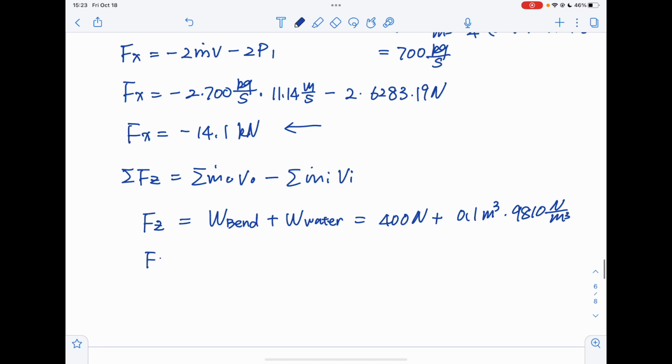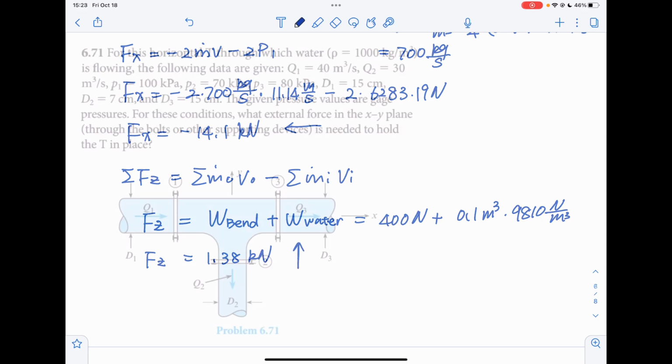So Fz is going to be 1.38 kilonewton, and the direction is upward.